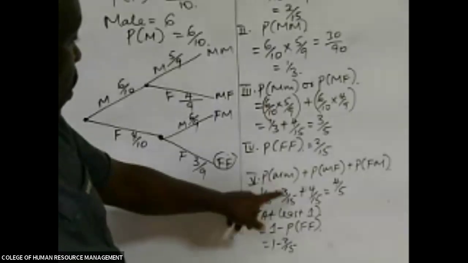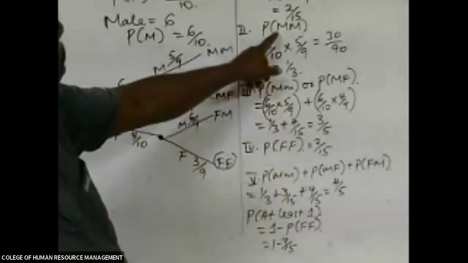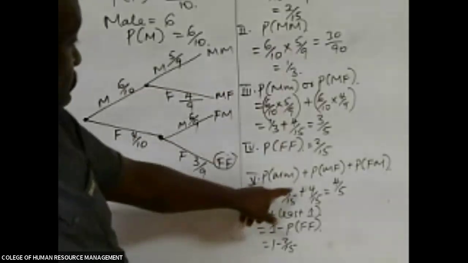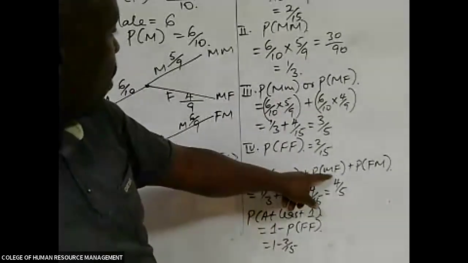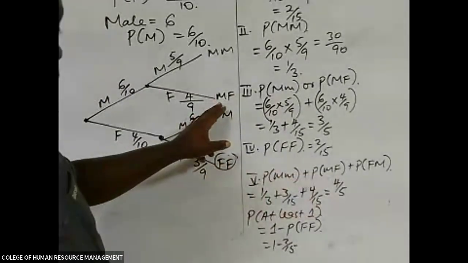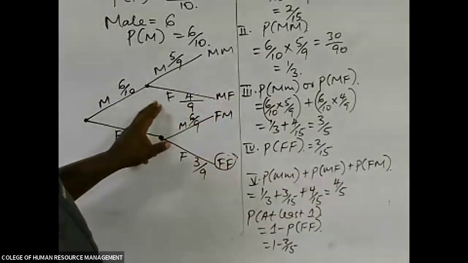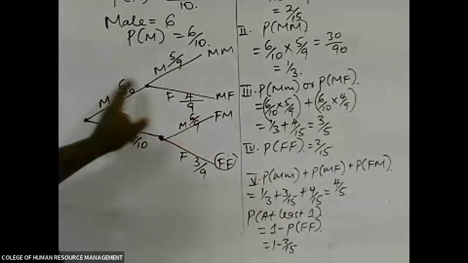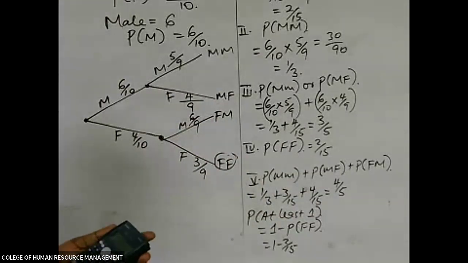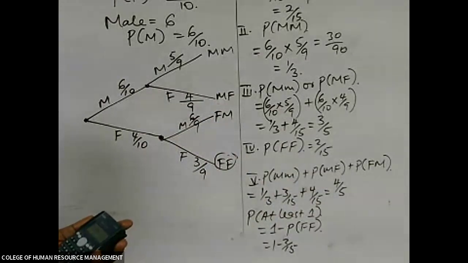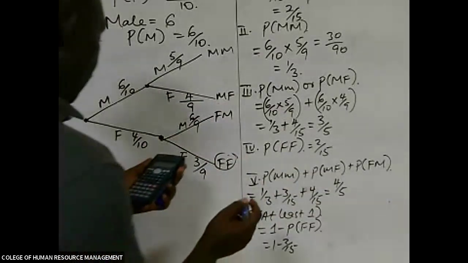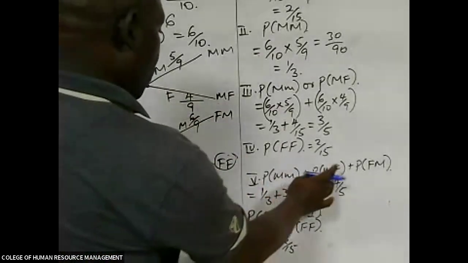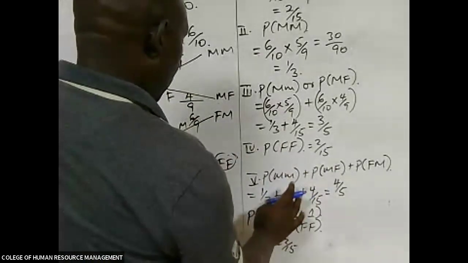Male is what? Male was 1/3, plus male female, 6/10 times 4/9, which is 4/15.